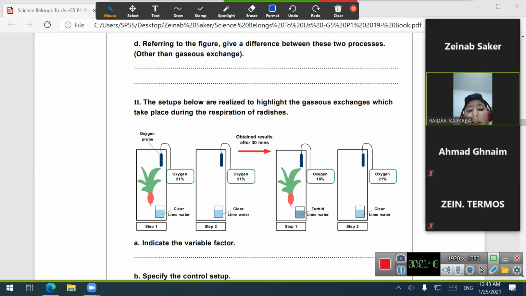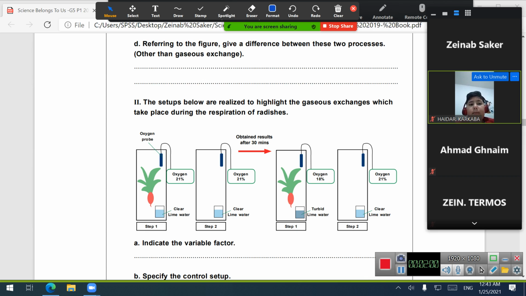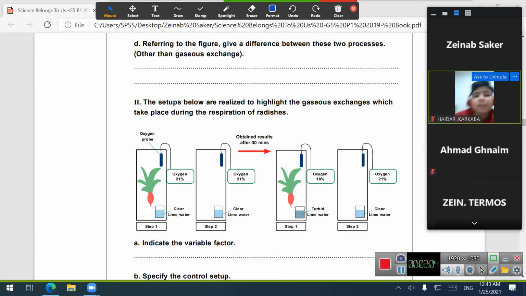The photosynthesis breathes during the day, and the respiration breathes during the day also. Excellent. So photosynthesis is a process which takes place during the daytime in the presence of sunlight only, while respiration takes place all day and night. Excellent, Haidar. Let's write our answer.